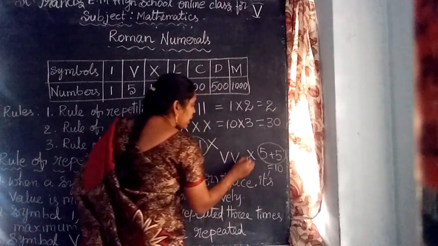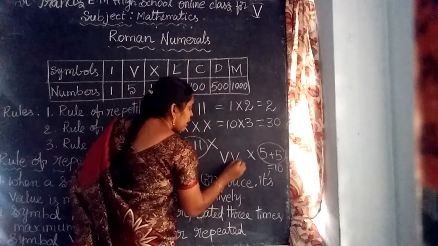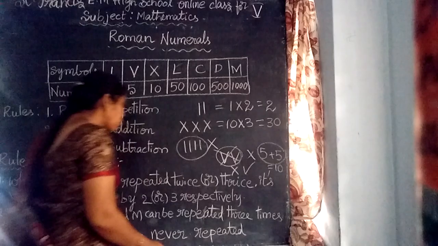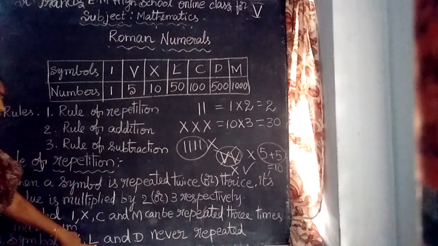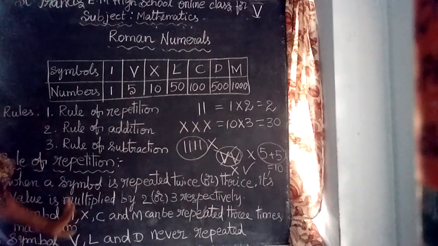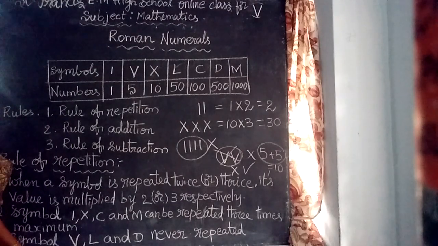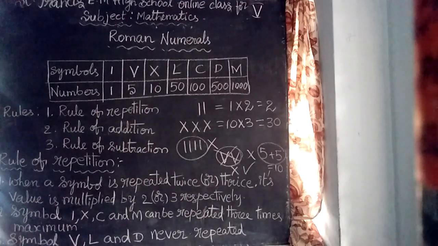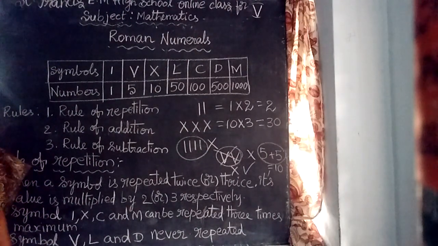What is the symbol for 10? X is the symbol for 10. So VV is wrong and X is right. V, L, D are never repeated. Is it clear, children? Okay, then I am going to the next rule.